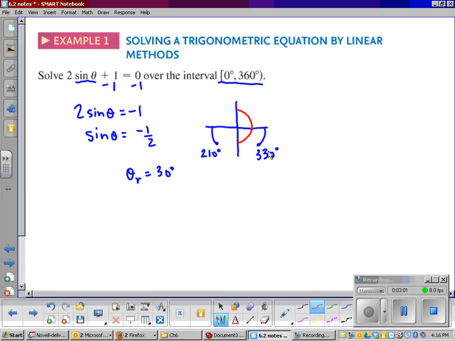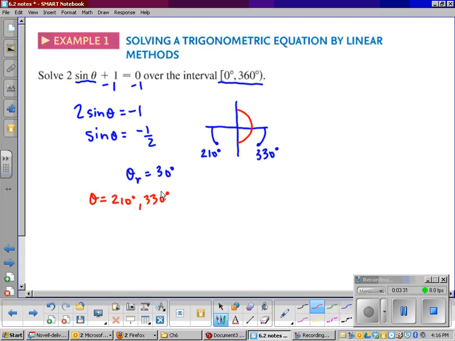So from time to time, when these values are not special, we are going to have to use our calculator and use an inverse command. But we are also going to have to think about what we're trying to do. And we're solving an equation that has just trig in it to begin with, not trig inverse, even though we use the inverse idea later. So our two answers for this equation are that theta is equal to 210 degrees and 330 degrees.